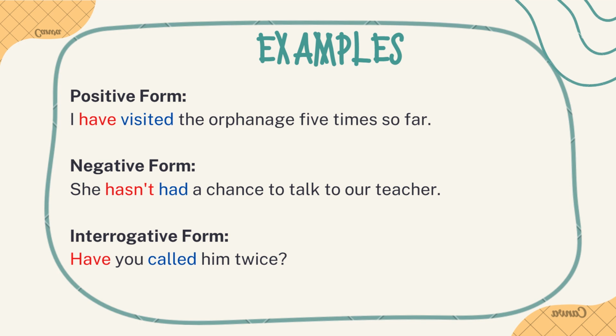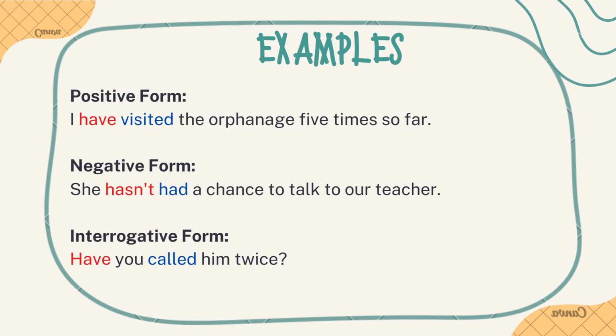And the negative form: she hasn't had a chance to talk to our teacher. Here the subject is she, followed by hasn't or has not, and then the past participle of the sentence is had.